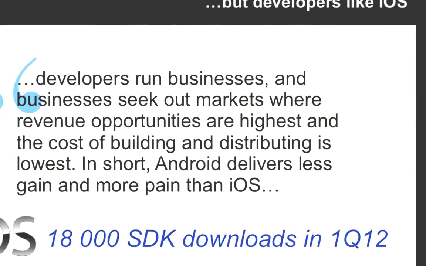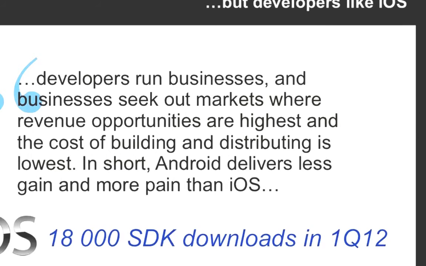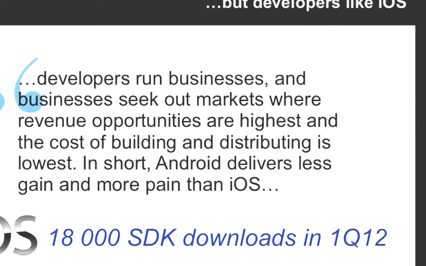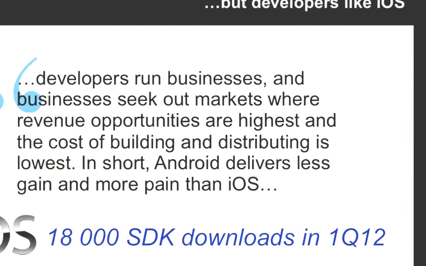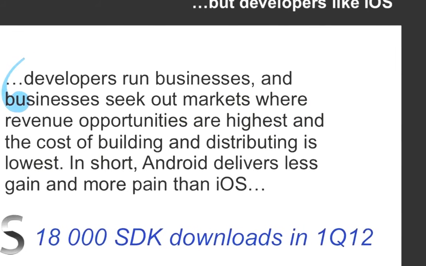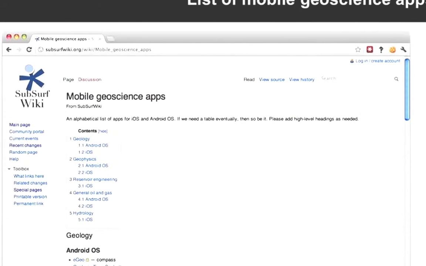So hence quotes like this: Android delivers less gain and more pain than iOS. Developers are flocking to iOS, hoping to build the next Angry Birds or Instagram. 18,000 software development kit downloads in the first quarter of this year alone.